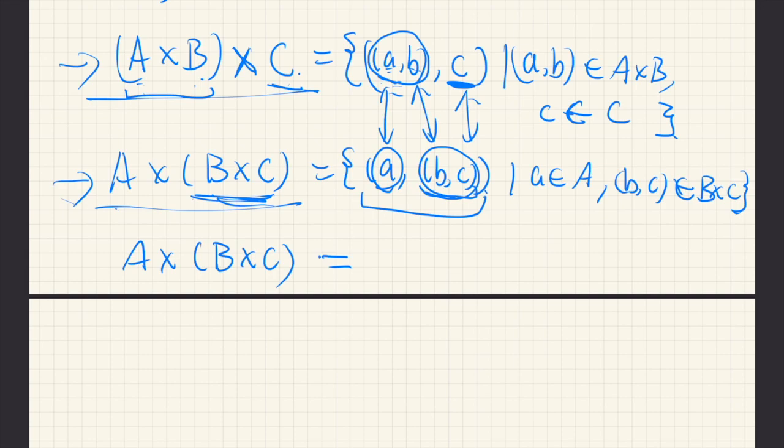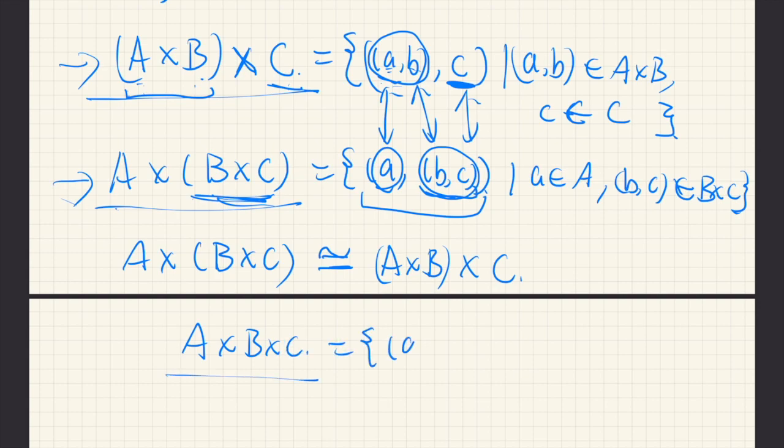It's not actually equal, we should write something like this, it's similar to A times B times C. Since they are almost the same, we just write A times B times C. Its elements are written like (a, b, c). So it's an ordered triple of elements where a belongs to A, b belongs to B, and c belongs to C.